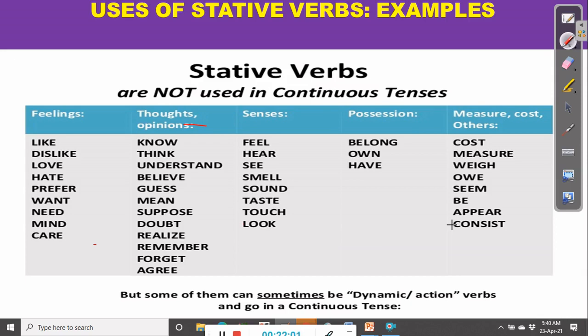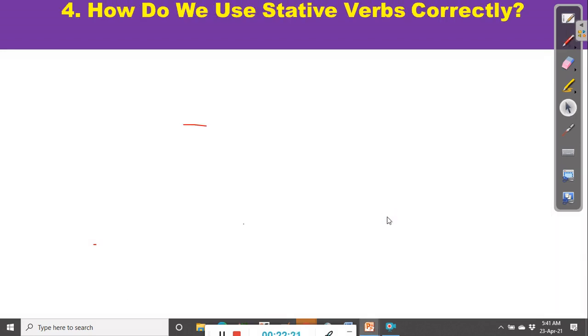All right? Okay, so now we have to understand that some of these can sometimes be both dynamic and stative as well. All right, we are going to look at various instances.